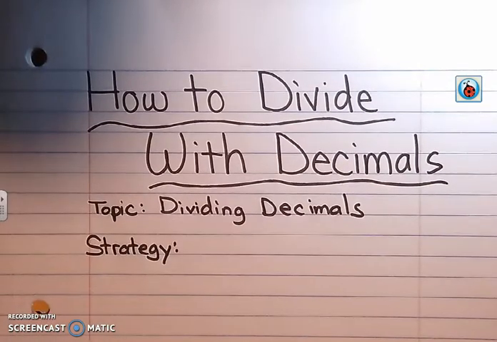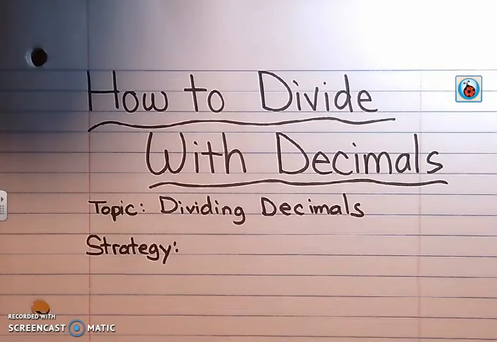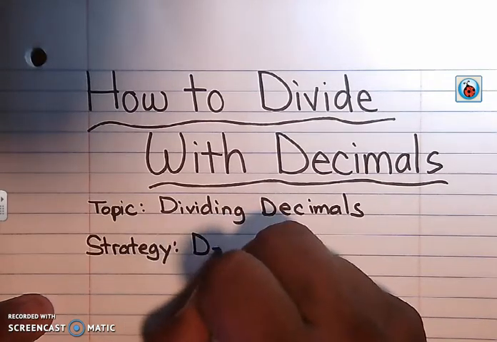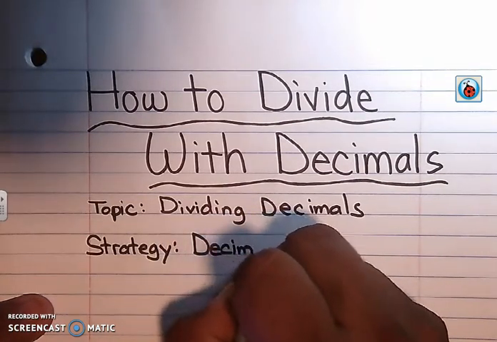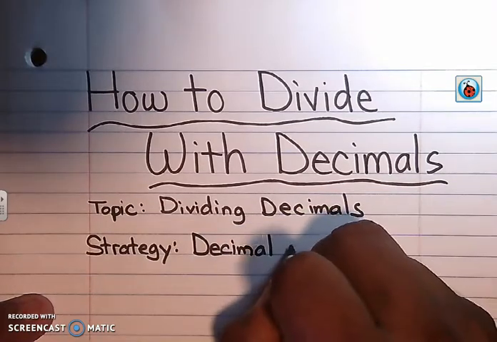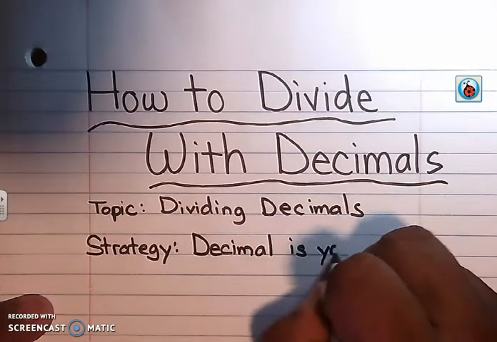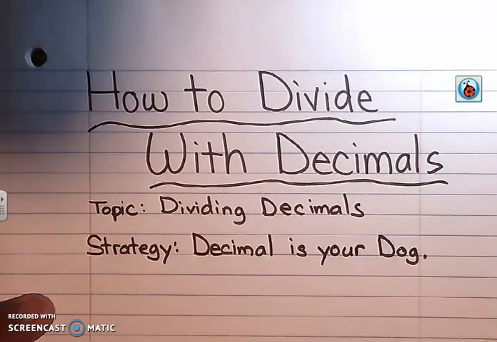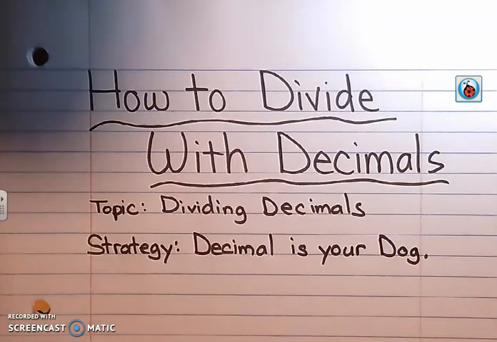And it sounds funny at first, but once you see how it works, it's going to make a lot of sense to you. But the strategy for dividing decimals is called the decimal is your dog.